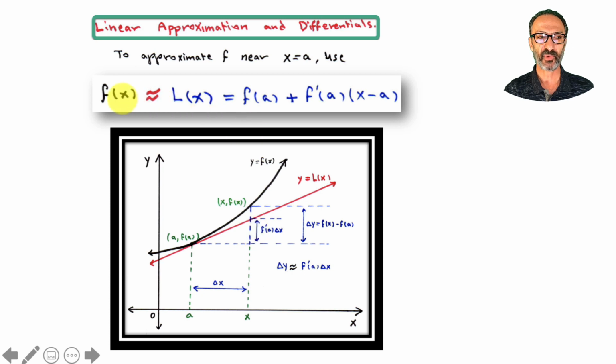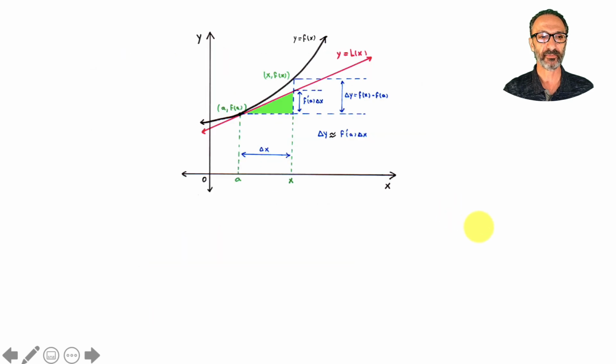When they say approximate f of x to L of x, instead of f of x we're going to write L of x. That means instead of this value as an output, we're going to use this value as an output. Okay, I think we have an idea, so let's move on.